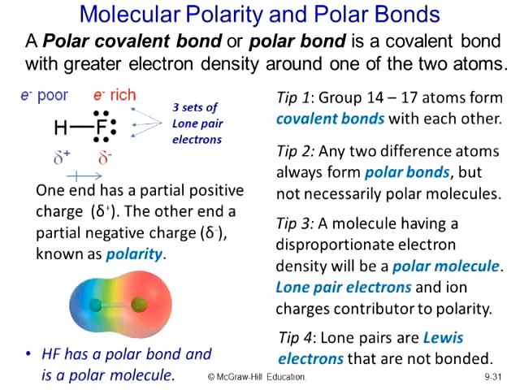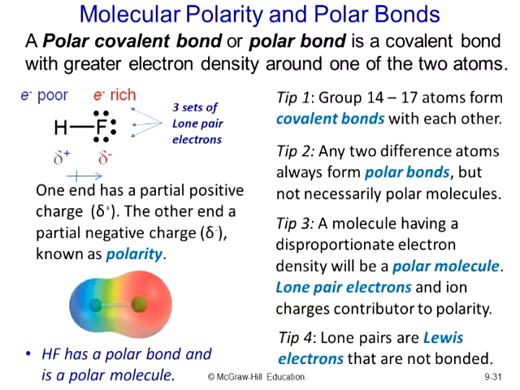Tip number 4. Lone pairs are Lewis electrons that are not bonded. Since they're not bonded, they're free electrons that are available to attract a higher electron density. And that's what makes it polar in terms of its character. That's what makes the bonds polar, and that's what makes the molecules polar.